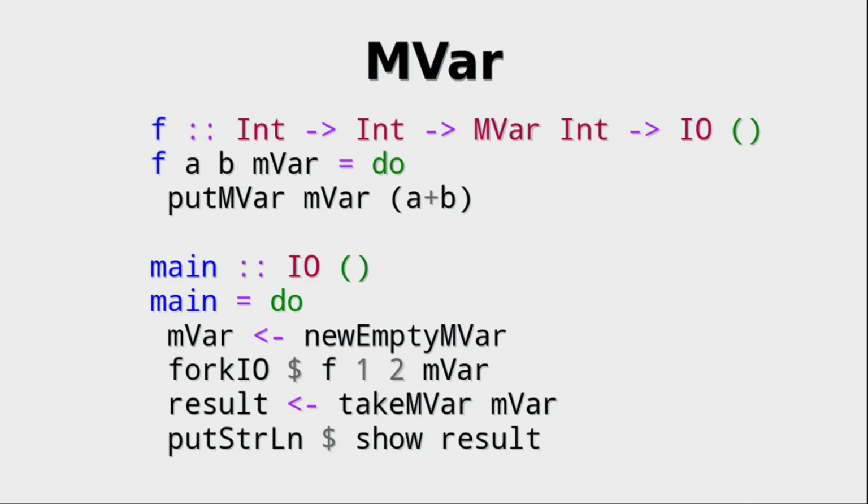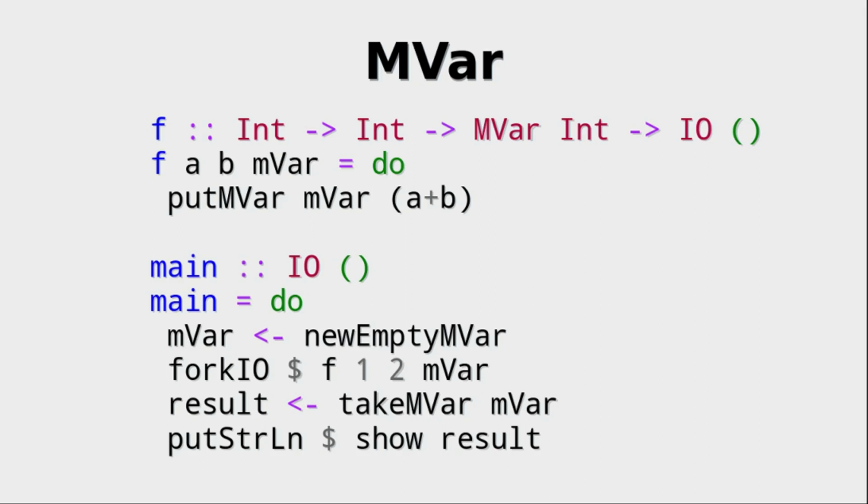So here's an example where, in the main IO action, we create an MVar, then take this MVar as an argument for the thread. So now the thread has this MVar location, and then the main IO action is trying to take something from the MVar.